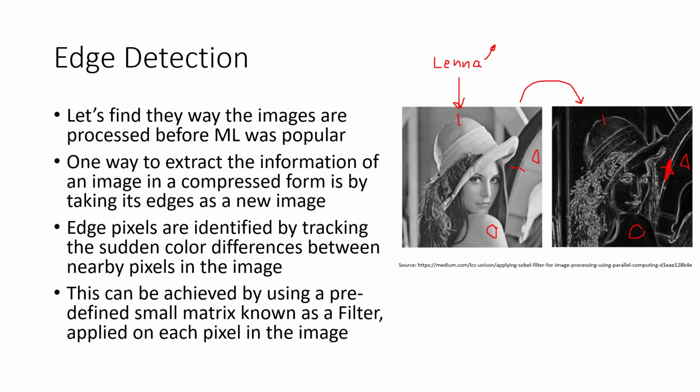You find bright edges when there is a very significant color change, like this edge, where there is a high intensity. So once you have converted this kind of image into the edge image, then you can use it for processing.